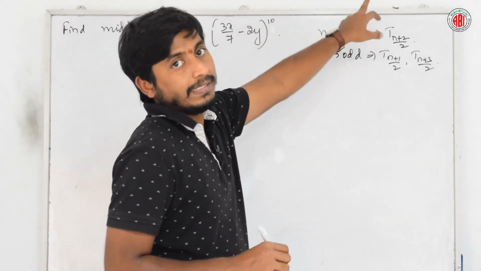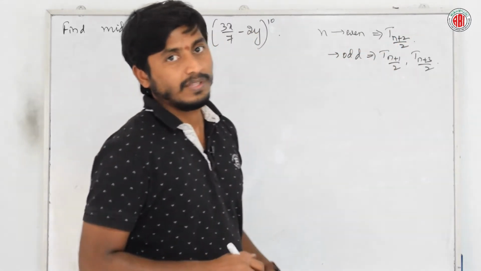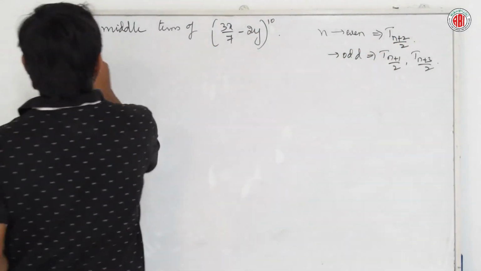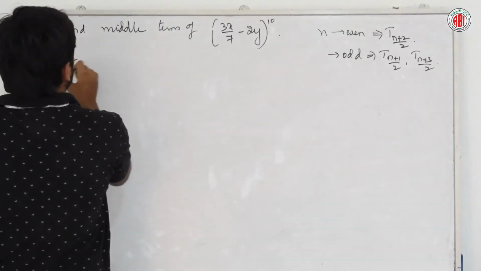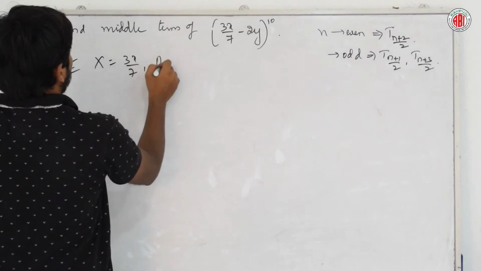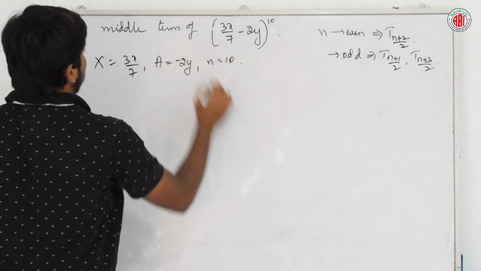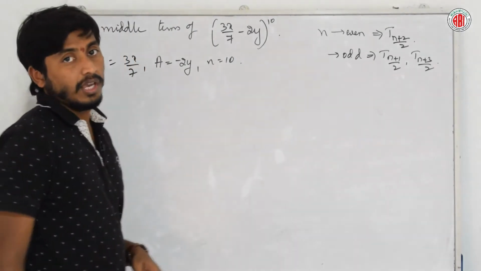So my middle term will be T n plus 2 by 2. First, let me write what is x: 3x by 7. What is a: minus 2y. What is n: 10. Is it okay?